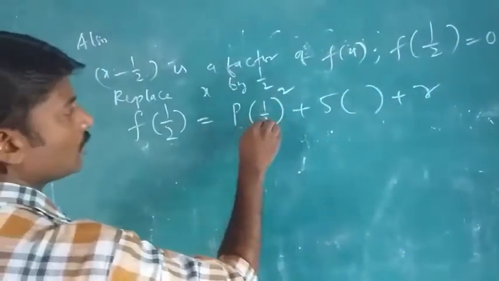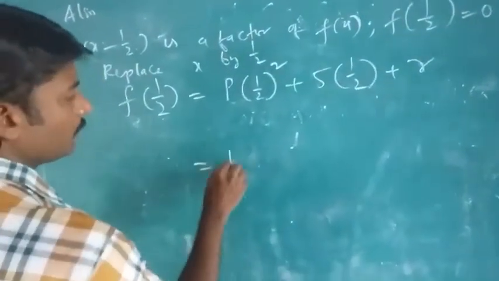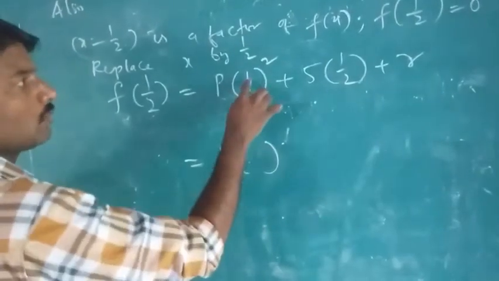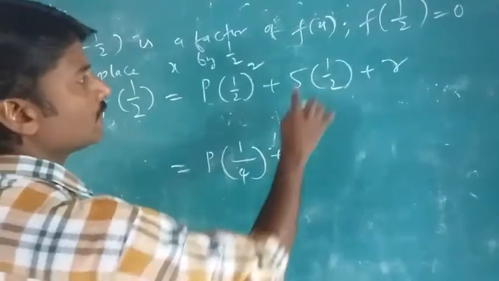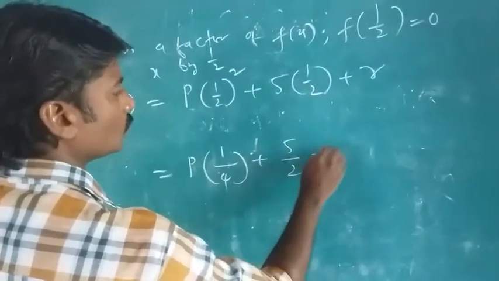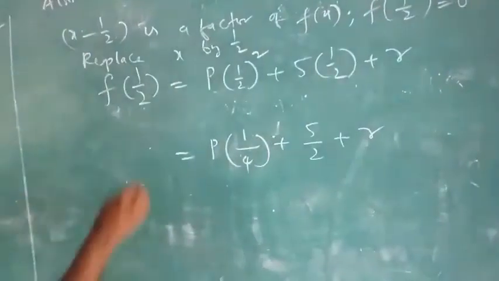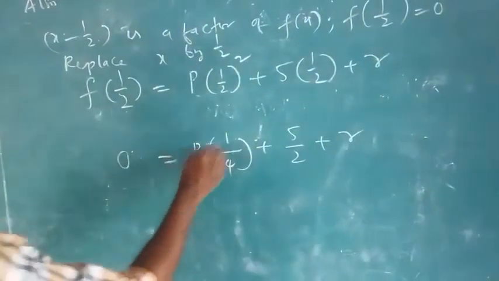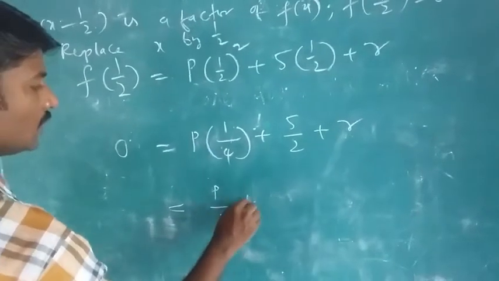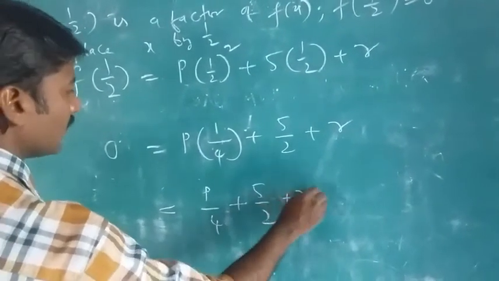Now here 1 by 2 whole square. P into 1 by 2 whole square: 1 square is 1, 2 square is 4. Plus 5 into 1 by 2, that is 5 by 2, plus r. This is 0 because it is a factor. Now p into 1 is p by 4 plus 5 by 2 plus r.